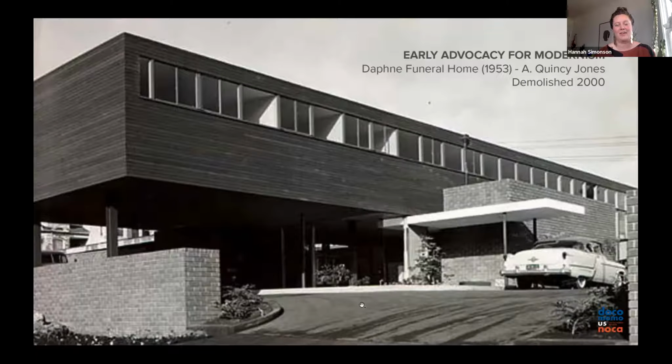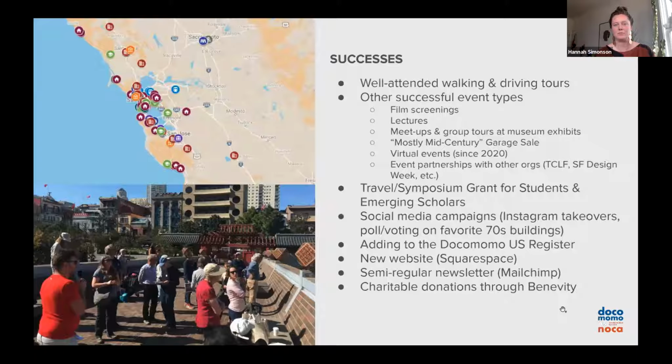Unfortunately, that advocacy fight did not go as we hoped, and the building was demolished. But in the late 90s, advocating for modernism was still quite a challenge, and getting people excited and rallied really helped form our chapter and increase interest in preserving modernism. So that was definitely one of the key moments in our chapter's early history.